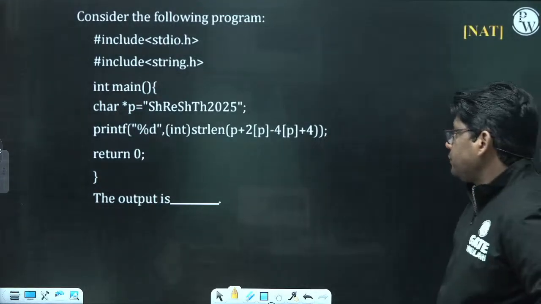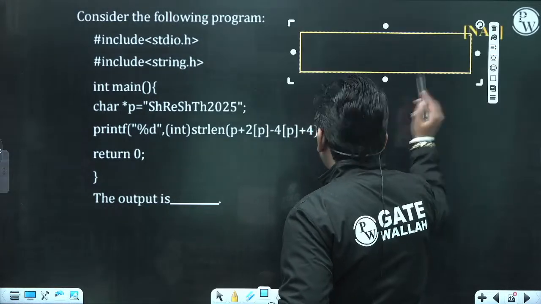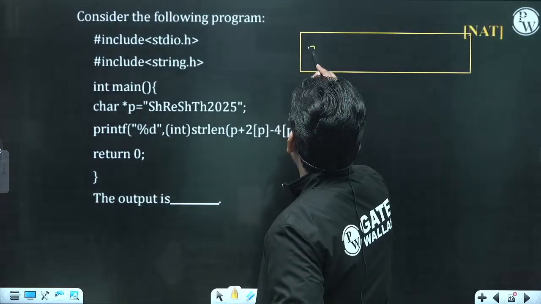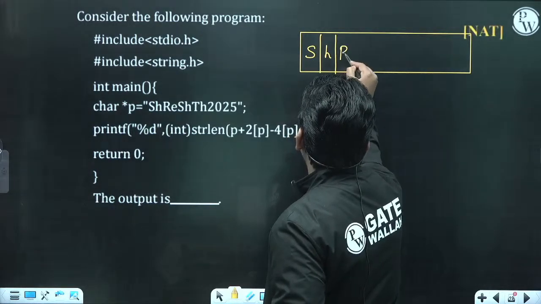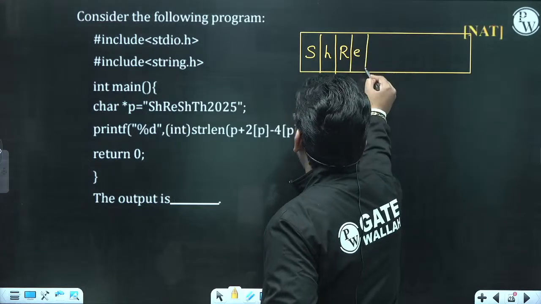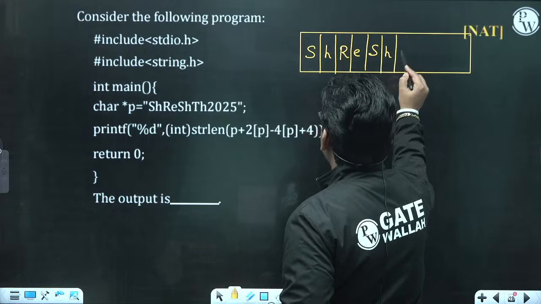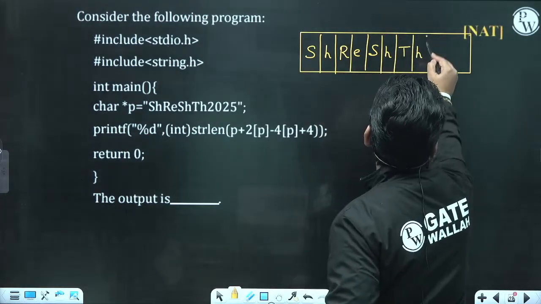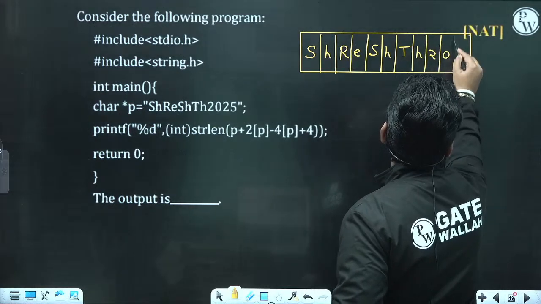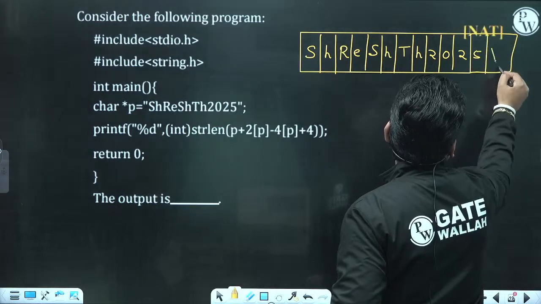Sir, if you closely analyze, we have a string like this: S, H, capital R, small e, then S, then a small h, then T, then a small h, then 2, 0, 2, 5 and null.